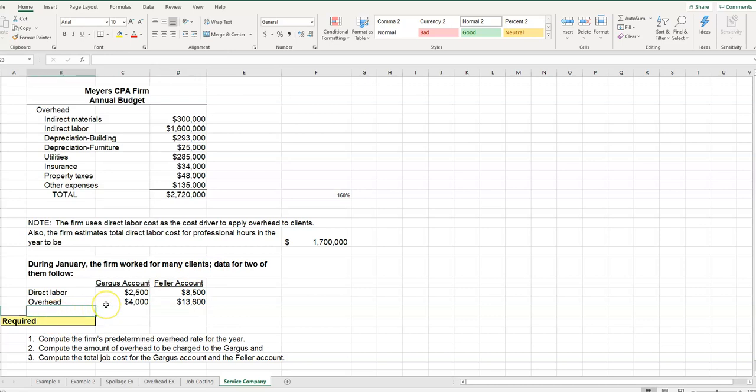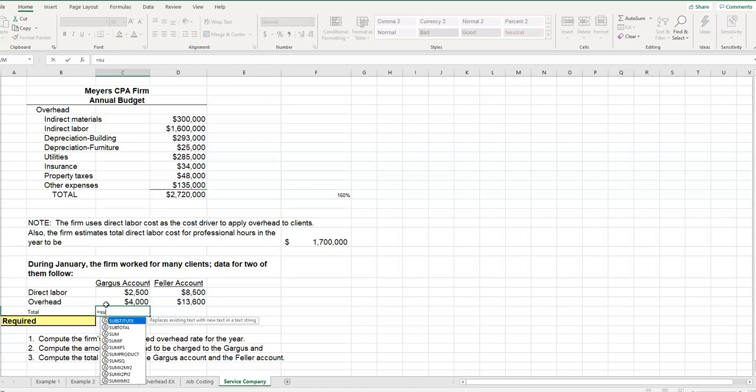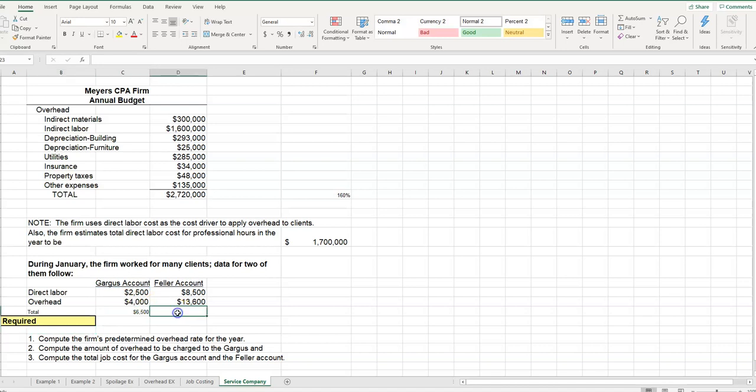And the last thing that this problem asks of us is to sum each job to determine what the total cost of the job is. We would then use those total costs to determine how much we're going to charge our client.